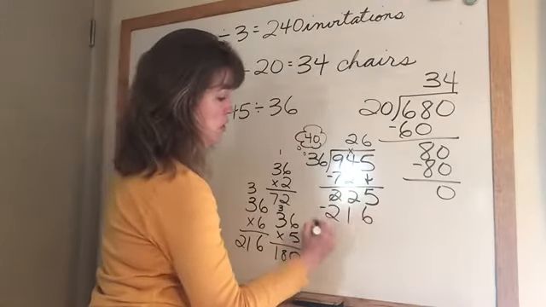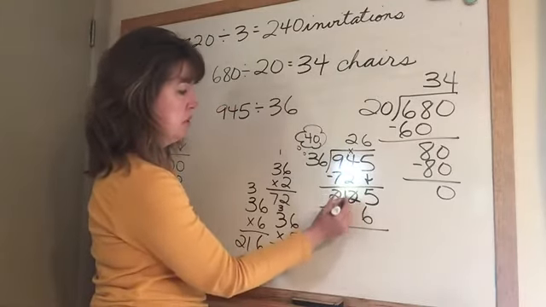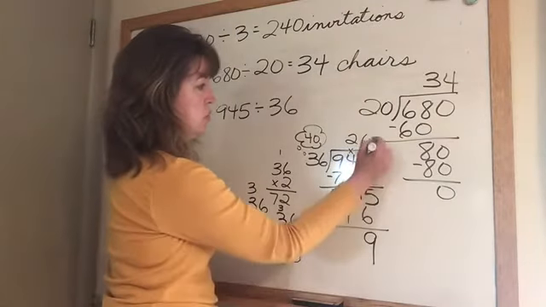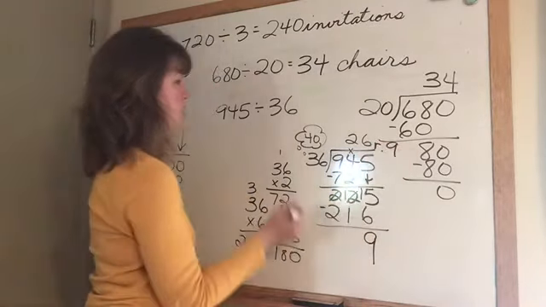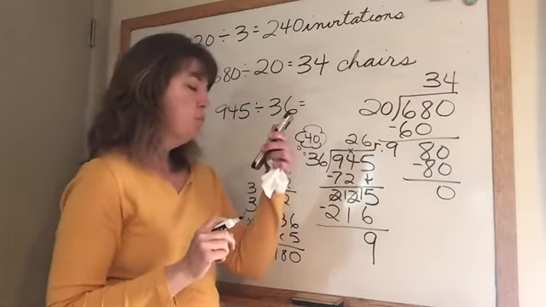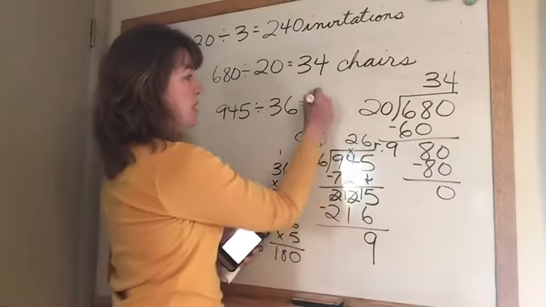So 216. Now I think we're getting closer, okay? So we still need to borrow. 15 minus 6 is 9. So 26 remainder 9. So the answer is, because it said how many platters were filled, 26 platters were filled.